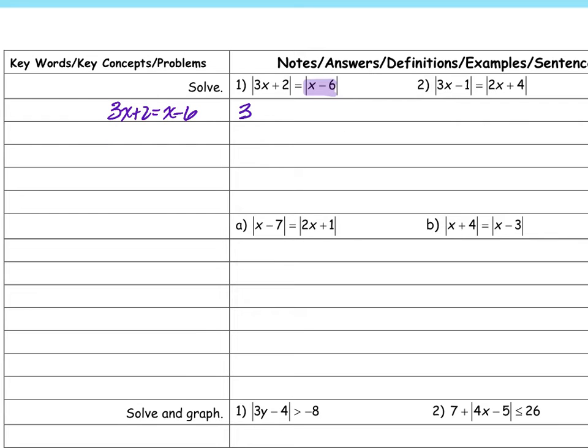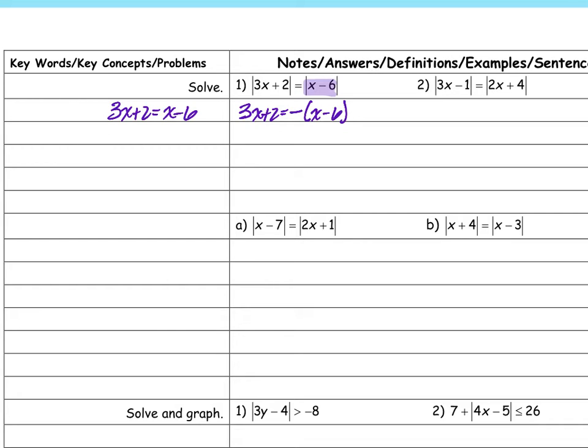And 3x plus 2 equaling minus x minus 6. So I'm going to take the positive of it, which is just what it is, x minus 6, and I'm going to take the negative of what it is, where I'd have to distribute the negative through.